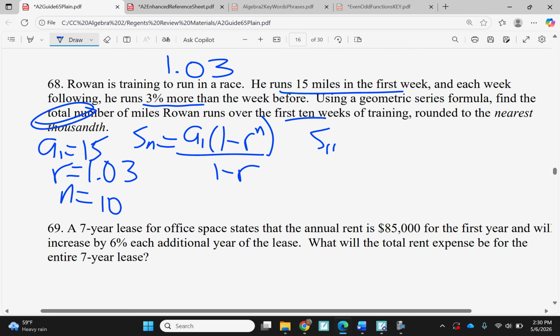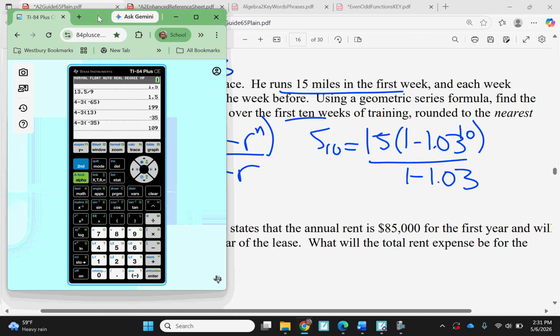So I have S10 equals a1, which is 15, times (1 minus 1.03 to the power of 10) over (1 minus 1.03). I'm going to type that into the calculator. I've got 15, 1 minus 1.03 to the power of 10.